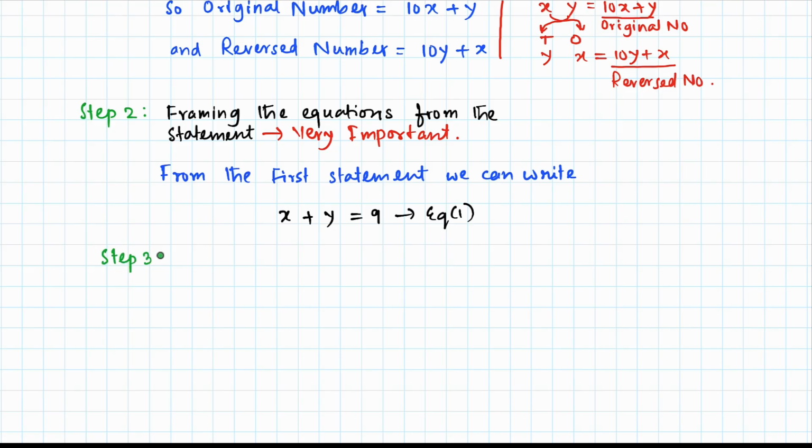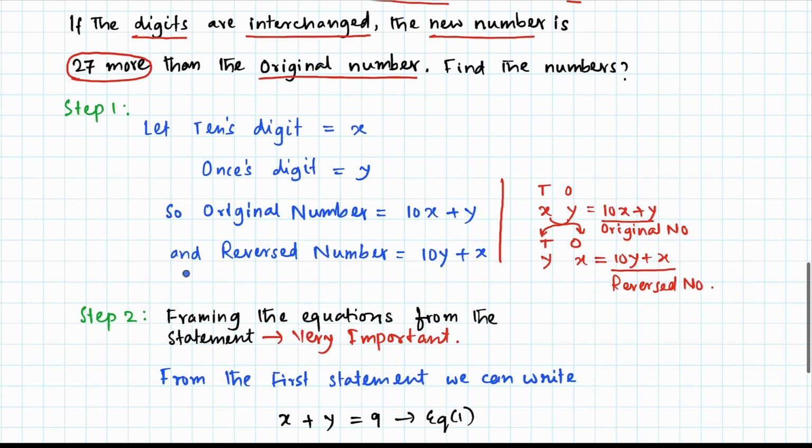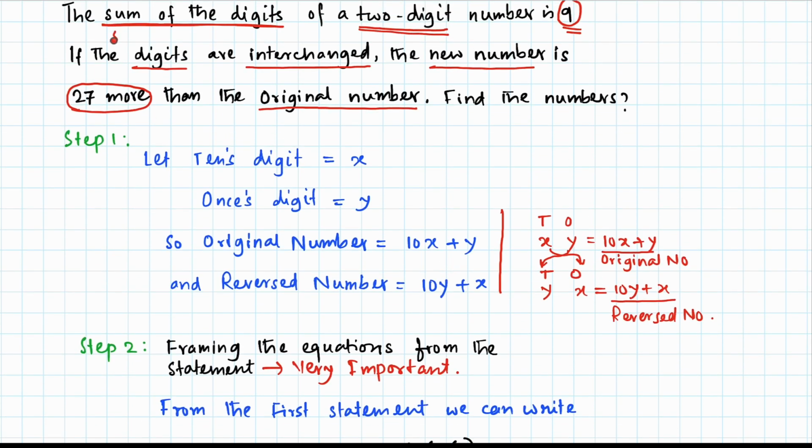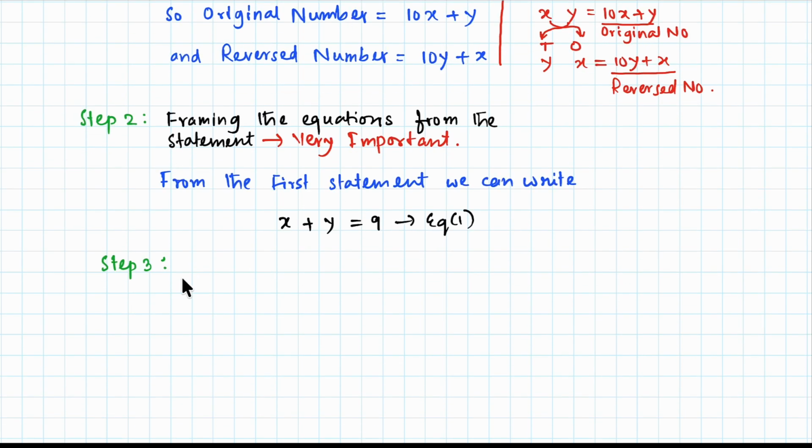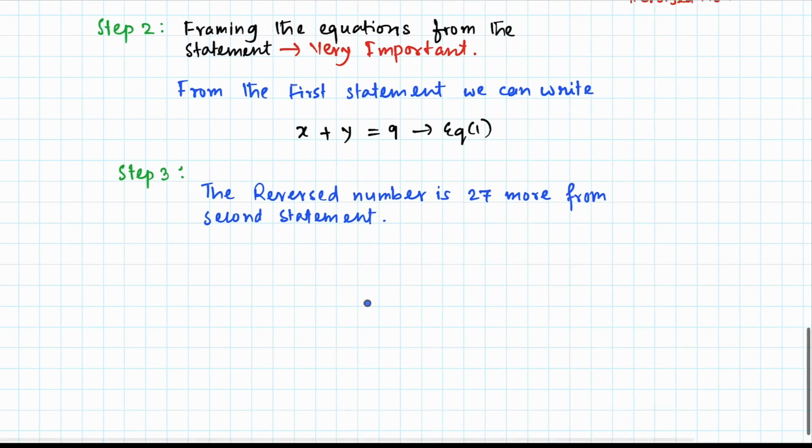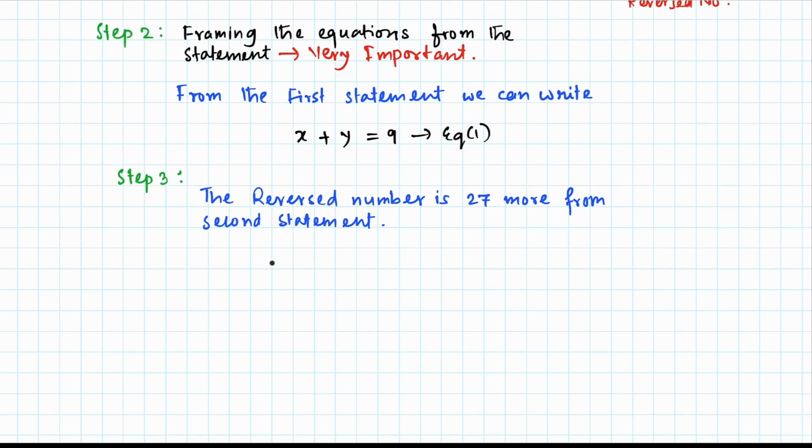Now go to step number 3. We'll go to the second statement. If the digits are interchanged, the number is 27 more than the original number. So then we frame the second equation as follows. The reverse number is 27 more, from the second statement.